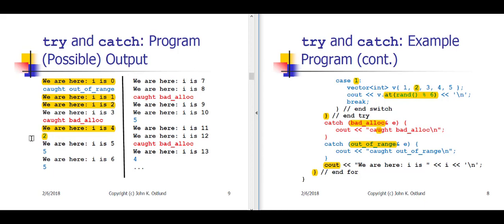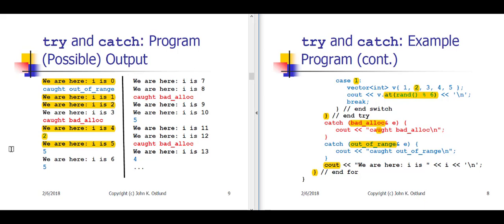So we have a successful access of one of the vector elements in this case. There's no exception displayed, and we come down to the blank cout, which tells us "we are here, i is 5".